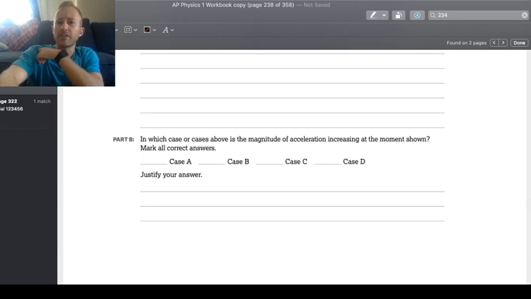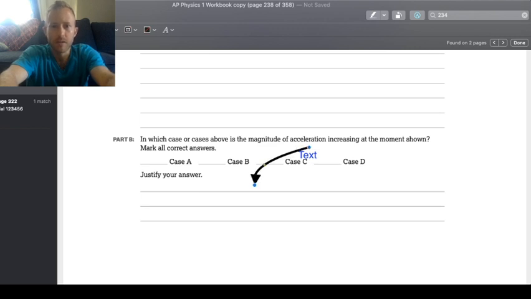In which of the cases is the magnitude of the acceleration increasing at the moment shown? All right, so I'll type in my answer to this one.